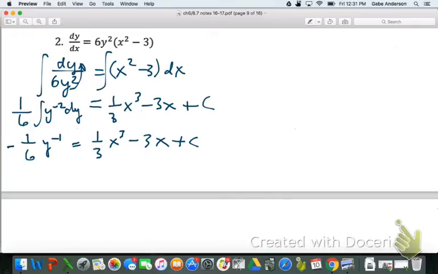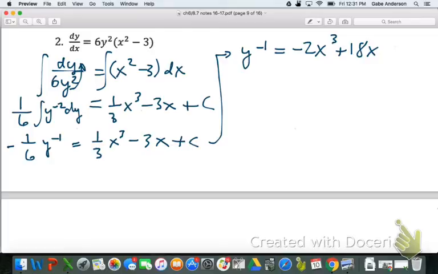Okay. So now our final goal is to get the y by itself. Let's get rid of the 1/6 first. So why don't we multiply everything through by -6? That'll clear out all the fraction, the negative stuff. So if I multiply through by -6, that will give me y to the negative 1 equals negative 2x cubed plus 18x.